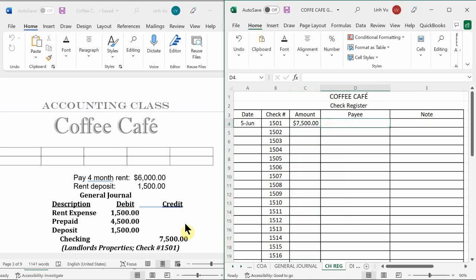Okay. Who did we make a payment to? Landlord's properties. Okay. And why did we write this check?